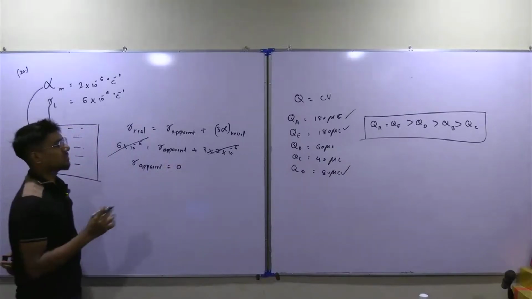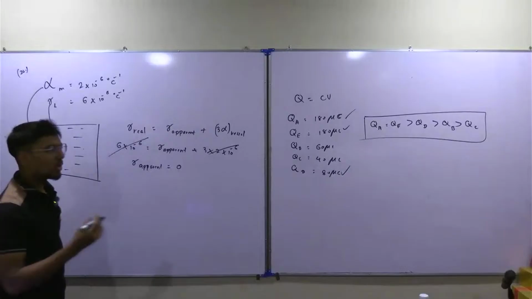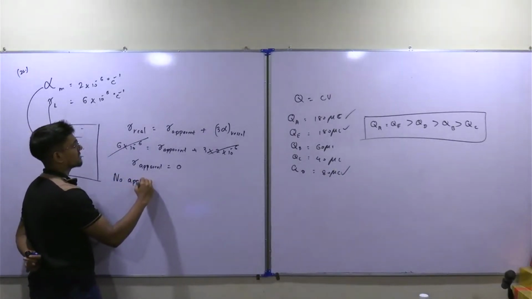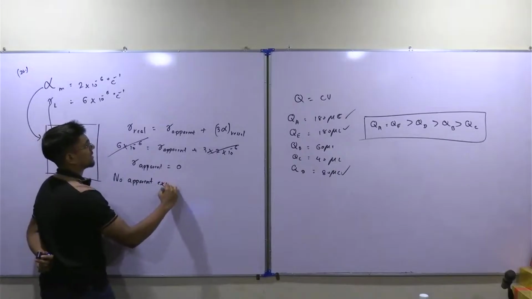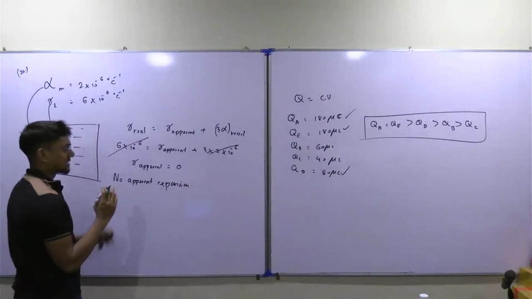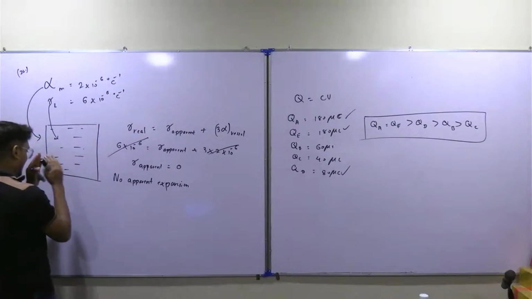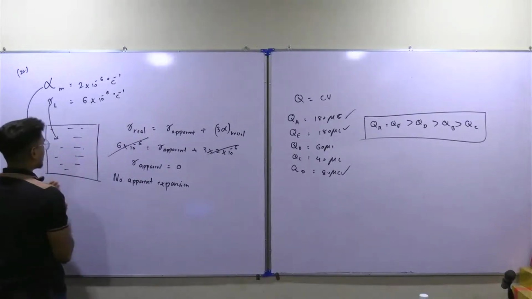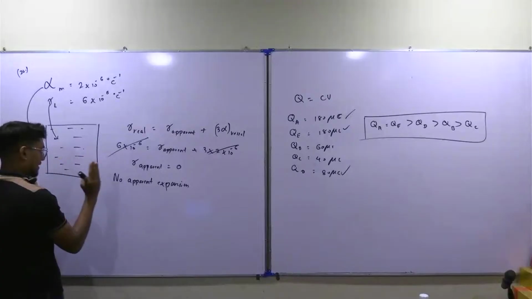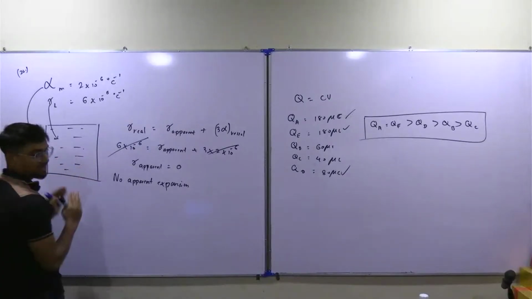So what can you say about the apparent expansion? No apparent expansion, right? Why? What is the reason? When you increase the temperature, the vessel will expand, and the liquid will expand, and the expansion of the vessel and the expansion of the liquid will be the same.